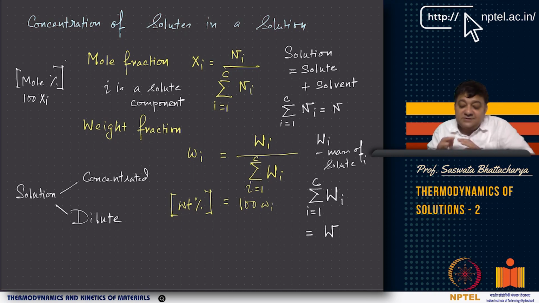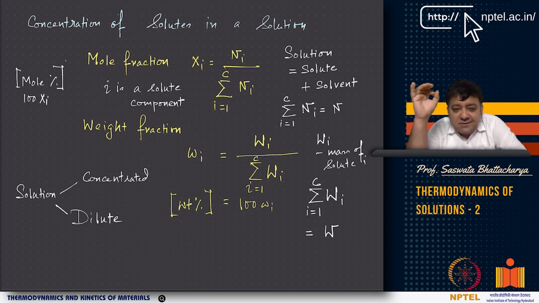Now these are basically used for defining concentrations of solutes in a normal or a concentrated solution. If it is not dilute, when I talk about dilute, I mean the amount of solvent is so high that in the denominator you are only considering the solvent.